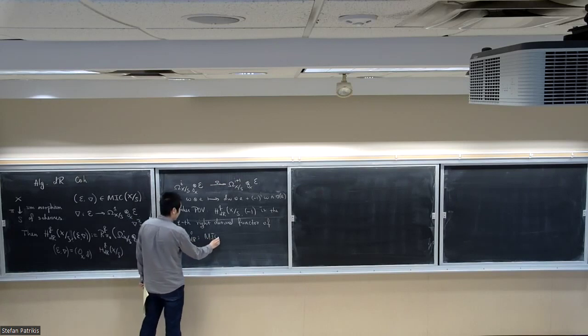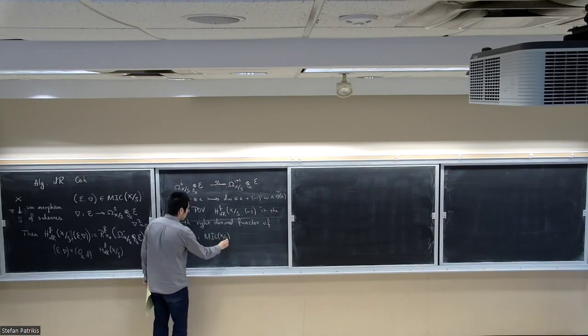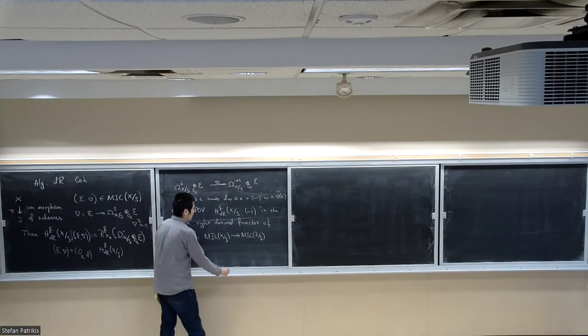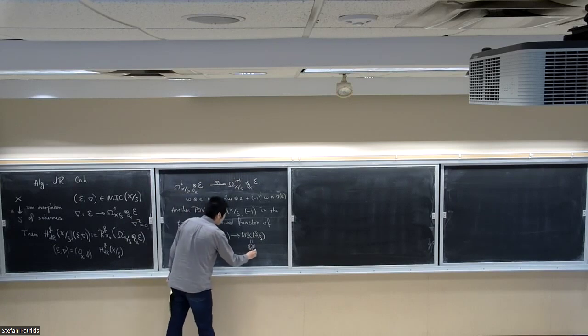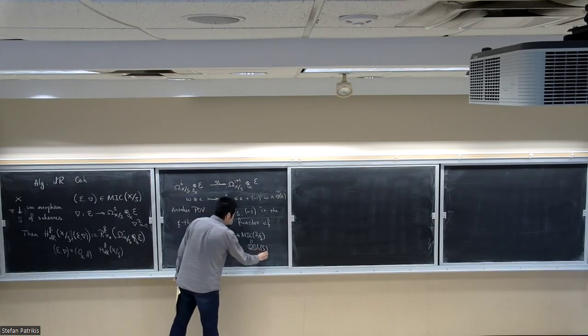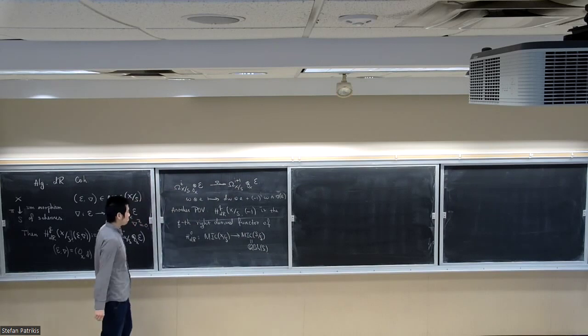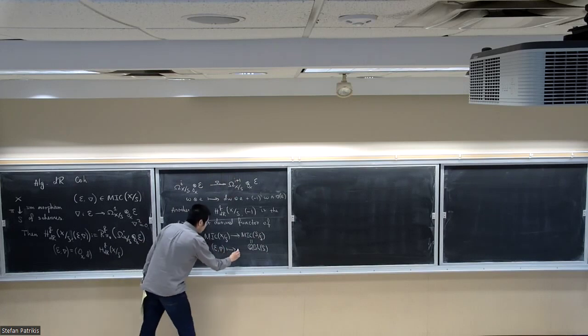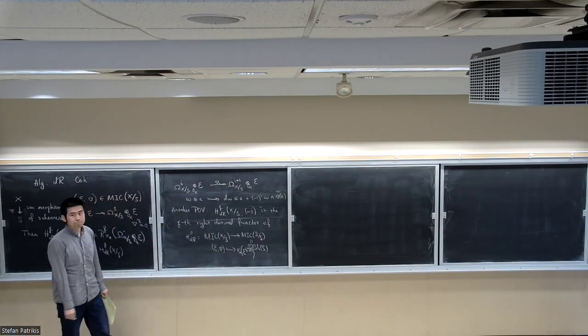You map from MIC X over S to MIC S over S, which is really the same thing as partially coherent sheaves on S. And you send your (E, nabla) to the pushforward of the horizontal sections.